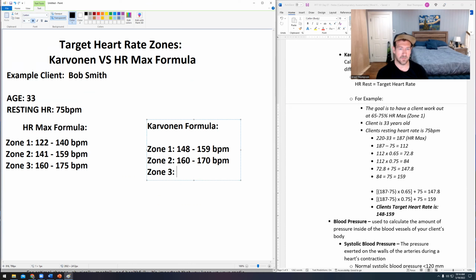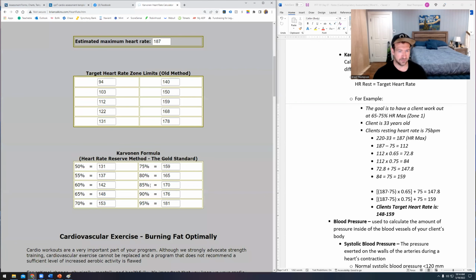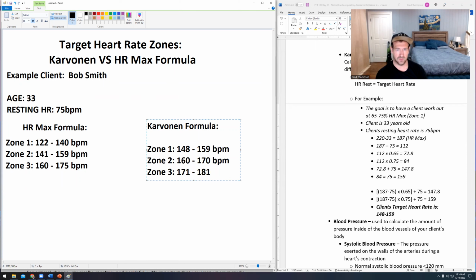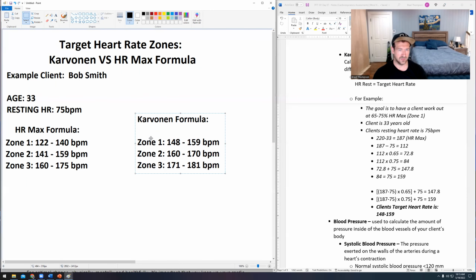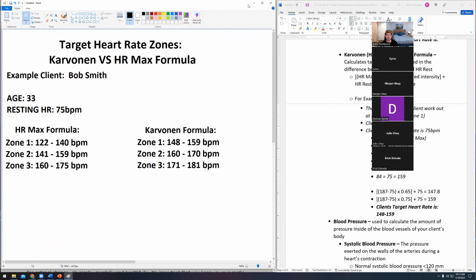And zone 3 will be 171 to 181. And those are sort of our individual differences there. Does that make sense now? Is that a little bit clear, seeing how these work versus each other? It's just a much more narrow range.